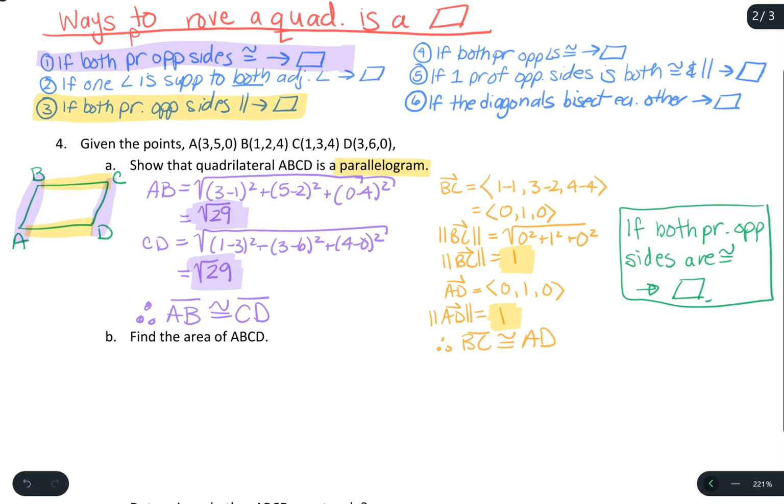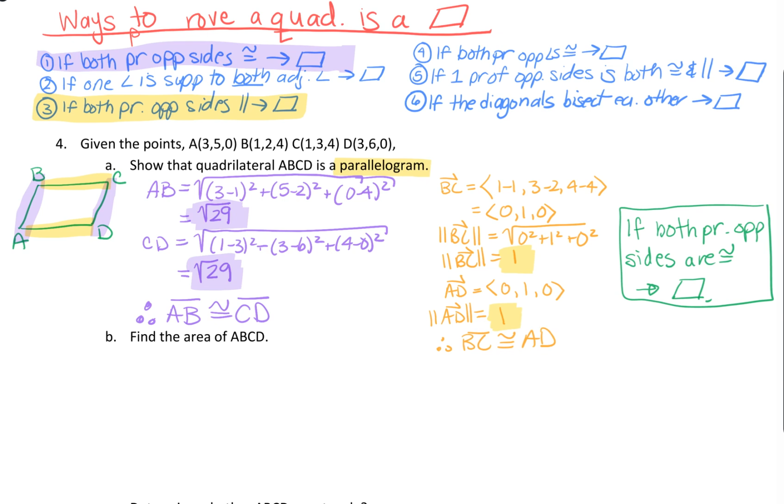Okay? So you kind of have 3 different parts to this. You have your first set of calculations with a conclusion, your second set of calculations with its conclusion, and then we have our if both pairs of opposite sides are congruent, then we have a parallelogram. But you have one pair statement, second pair statement, and then the final statement.